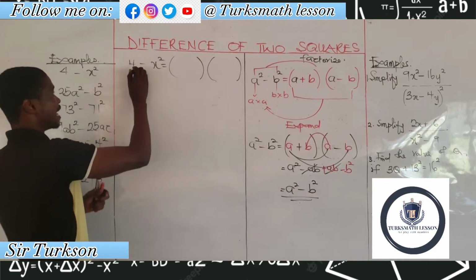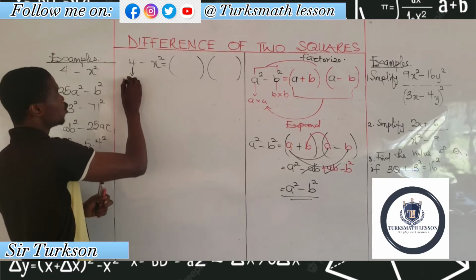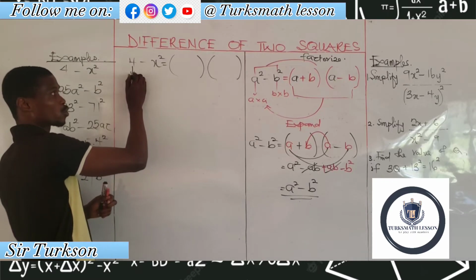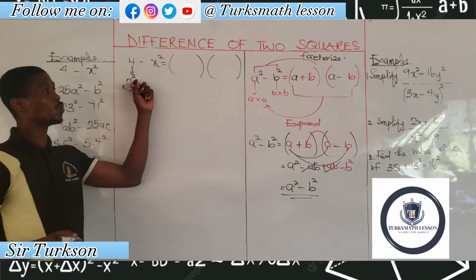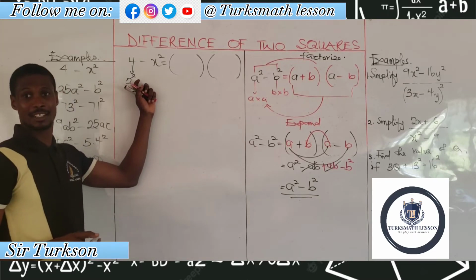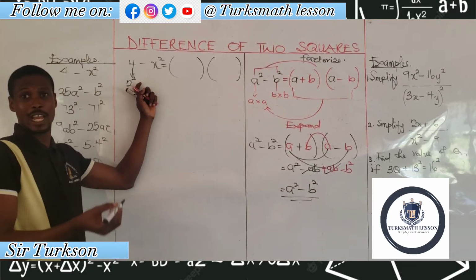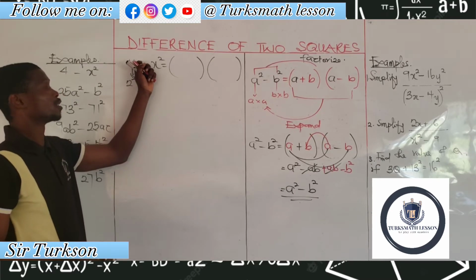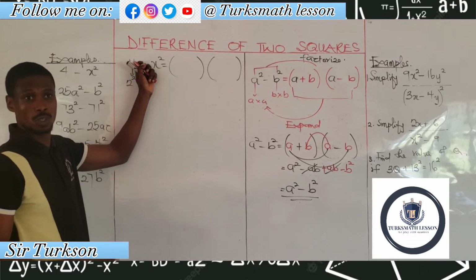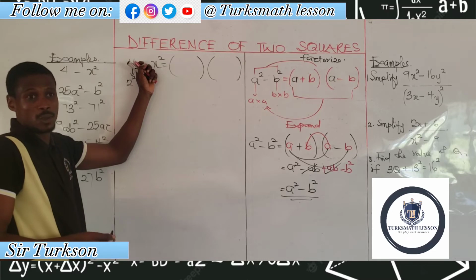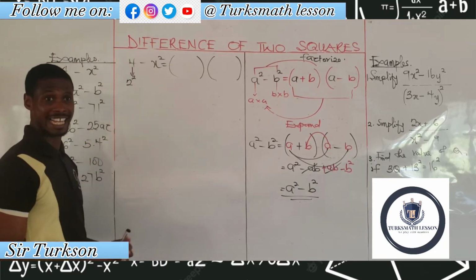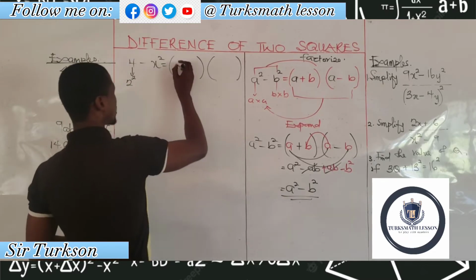So you break this one down because this is a perfect square. We need to break this one down by going to have what? 2 square. Do you understand? Yes. We are having what? 2 square. Square root of 4 will give us what? 2. And 2 times 2 will give us what? 4. Are you getting it? Yes. So here you are going to have what?